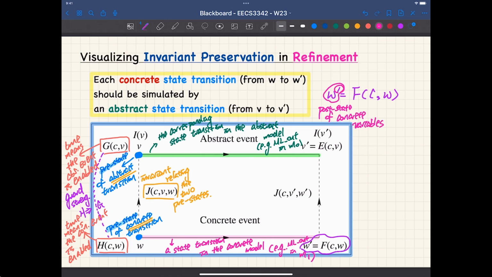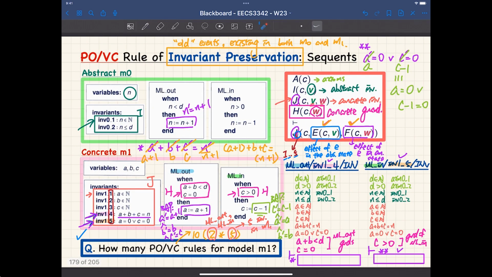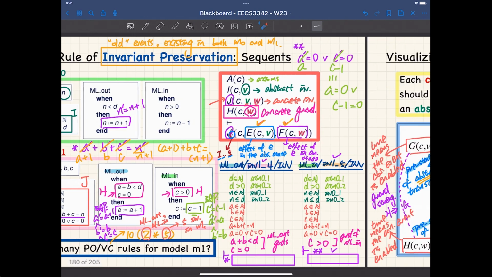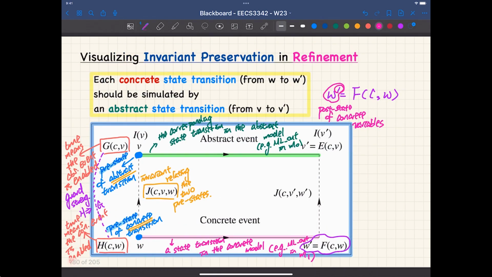If you remember, something like when we got A prime and C prime, right? Like that. And then this part over here, this will be the effects of the concrete transition.